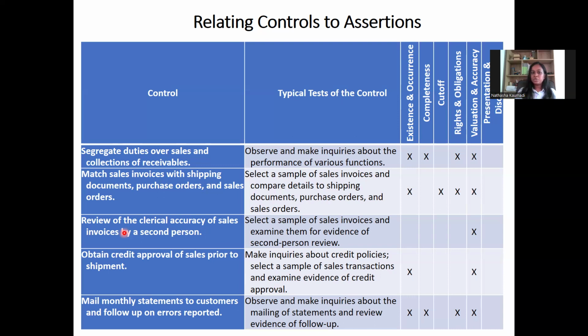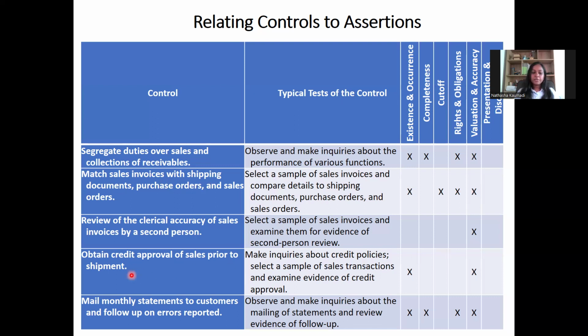That second person should sign it and say checked, with the date maybe. So you are examining whether a second person has actually reviewed it. What is the assertion you're going to cover? Accuracy, because the second person checked the accuracy of the value.